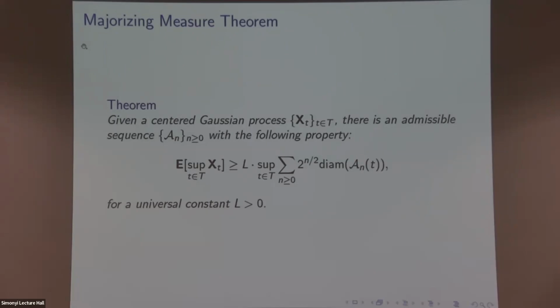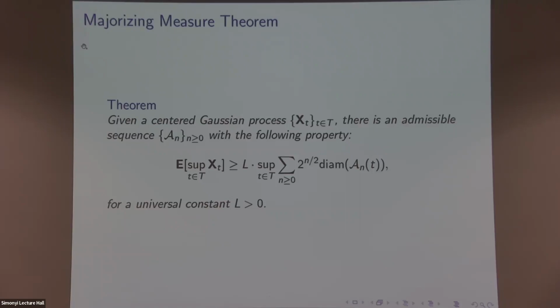Let me write this down in a nice way. The majorizing measure theorem is saying we start with the whole set of vectors, and then we partition it. This is not a binary tree. At the nth level, the number of parts created is at most 2 to the 2 to the n.